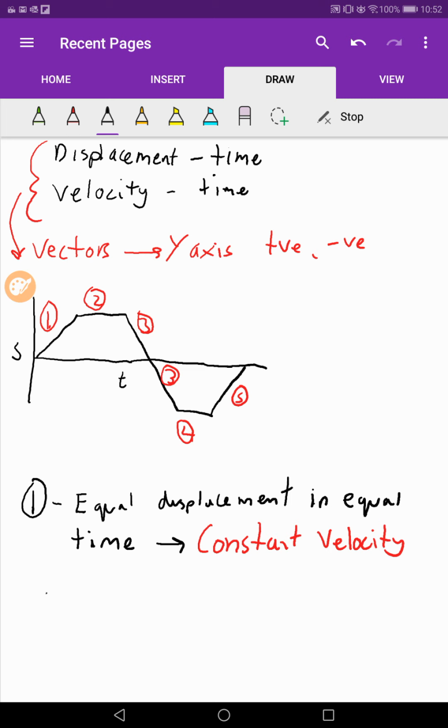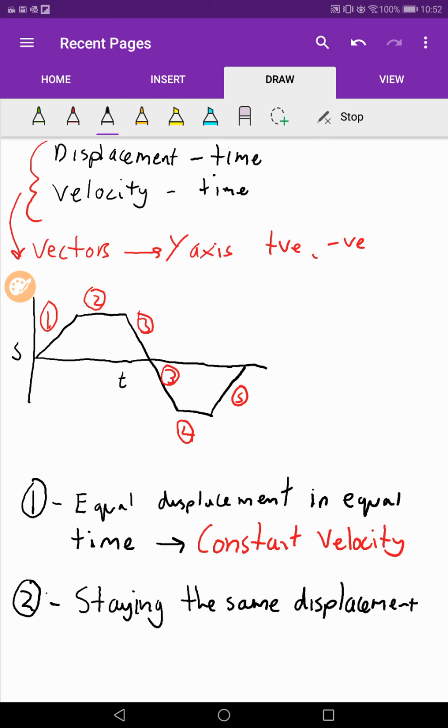Now, section 2, we can look and see what's happening. Well, section 2 on the graph, what's happening there is staying the same displacement away from the start.